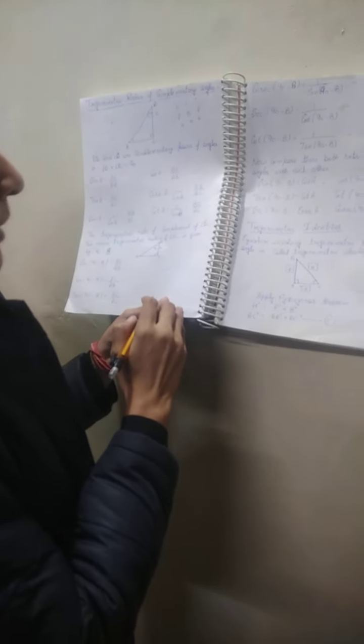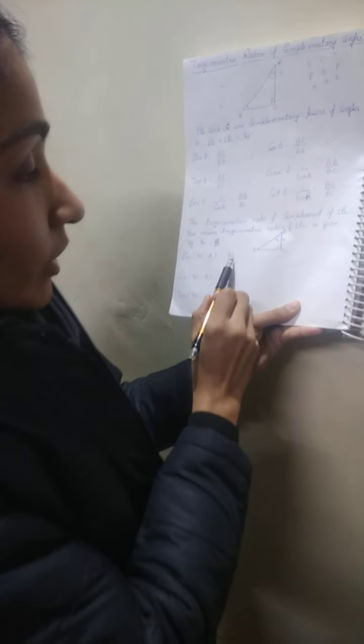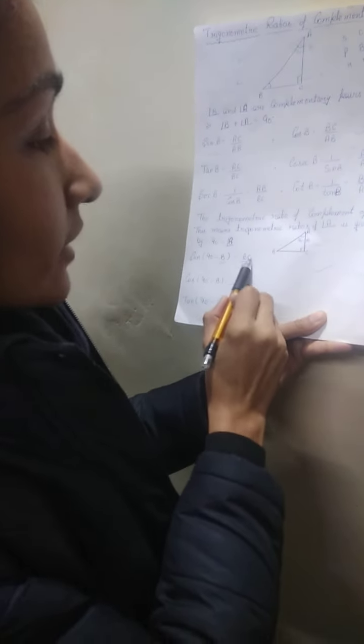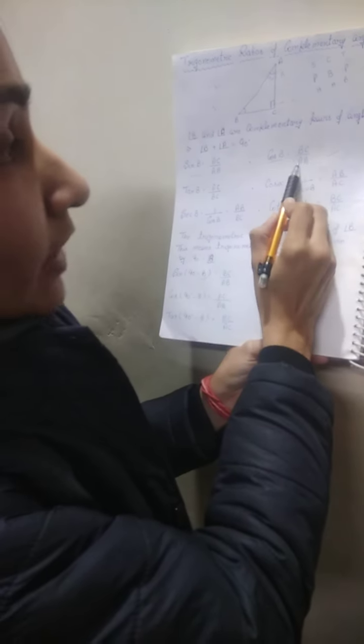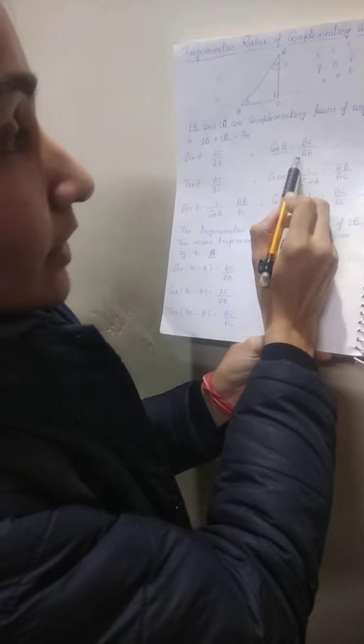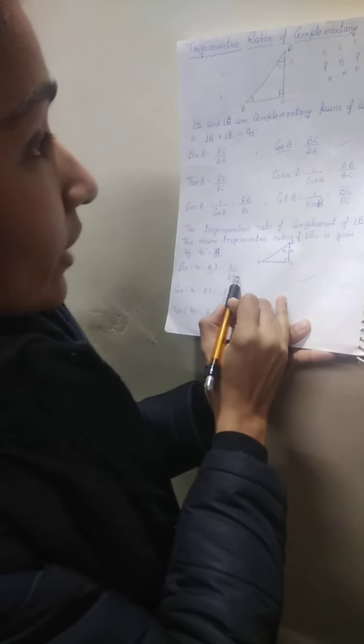Next, you have to compare these trigonometric ratios for complementary angles with each other. Now look at this. Sine 90 minus B is equal to BC over AB. This means BC over AB is equal to cos of B. Now put this value over here.